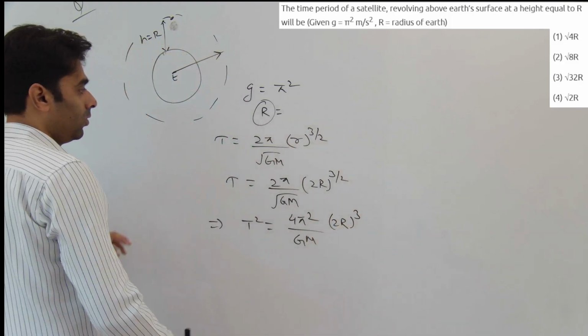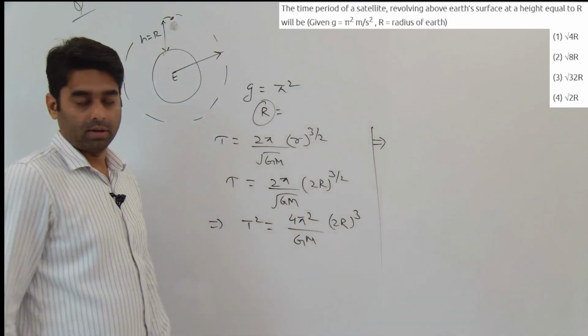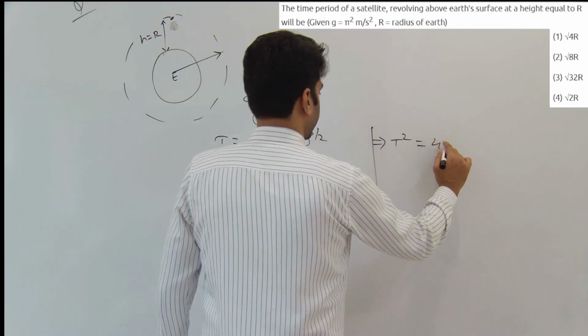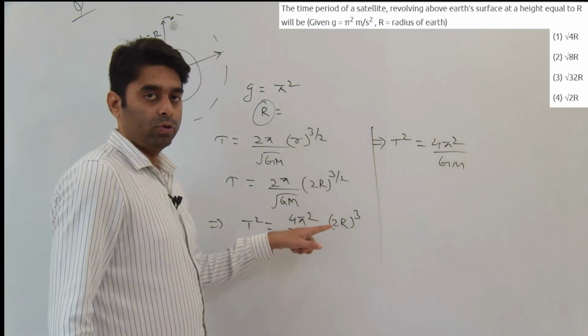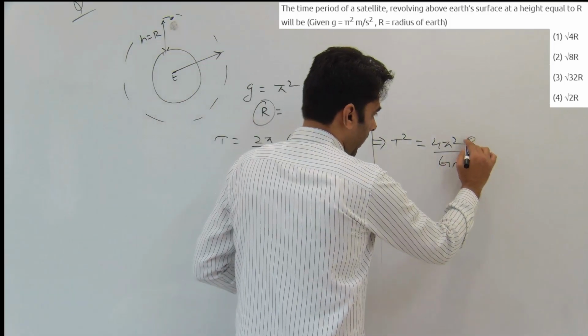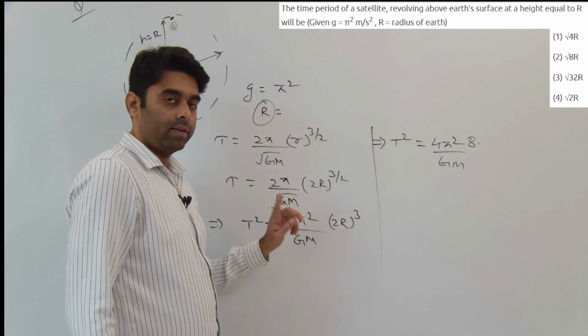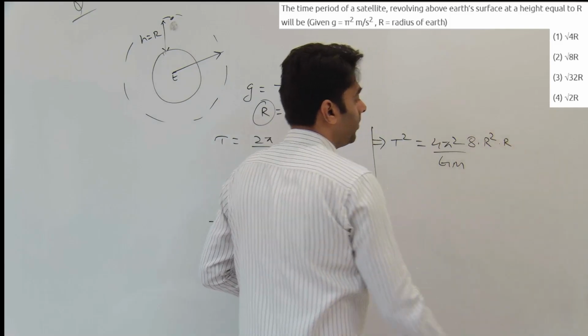So T square is equal to 4 pi square by GM. Now see over here, 2 cube is 8, and this R cube we will write as R square into R. Why have I done this?